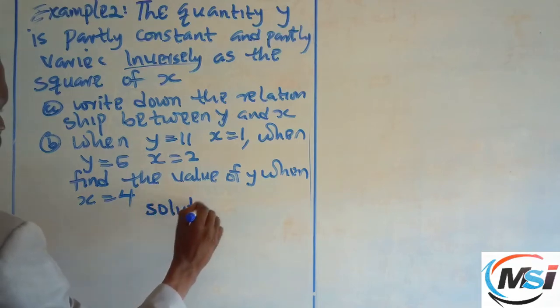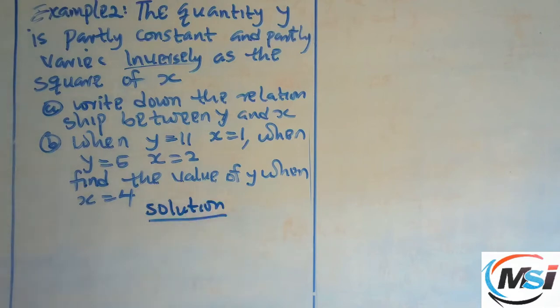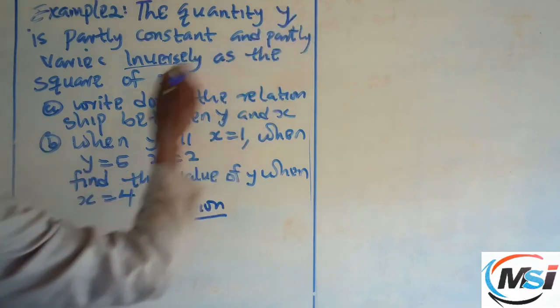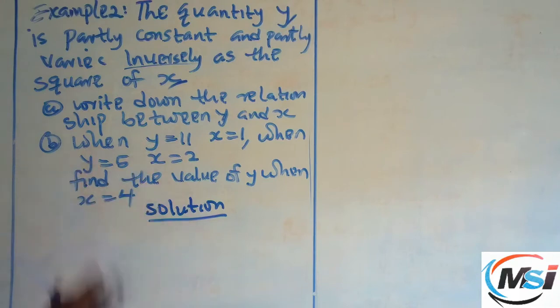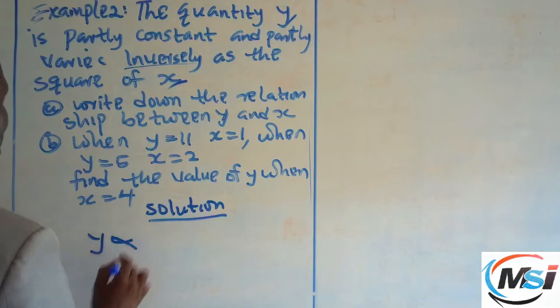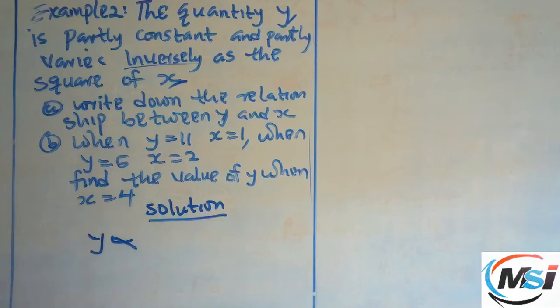The first thing to do is you have to interpret your question. Remember, we have y and we have x. And I've told you before that in partial variation, we have two constants. So let's interpret this. Y is partly constant and partly varies inversely.